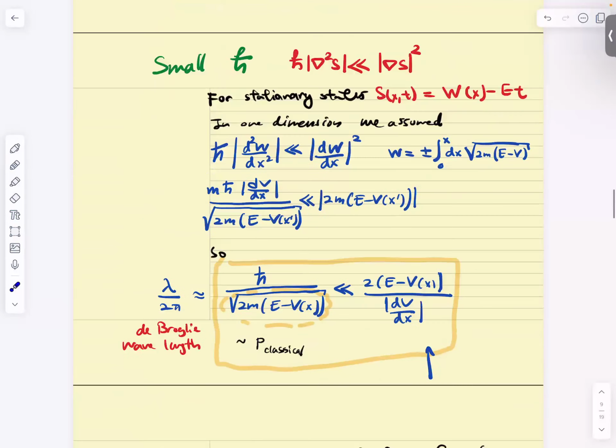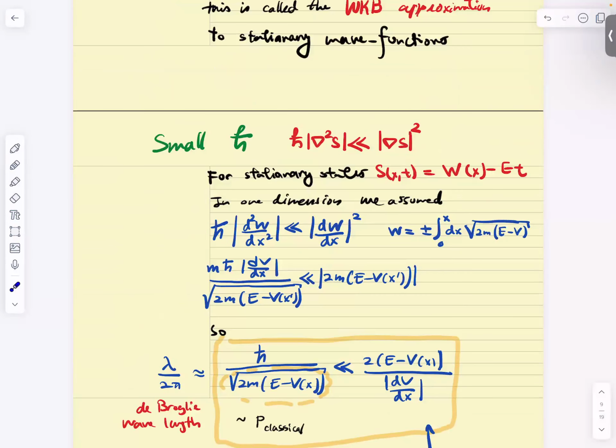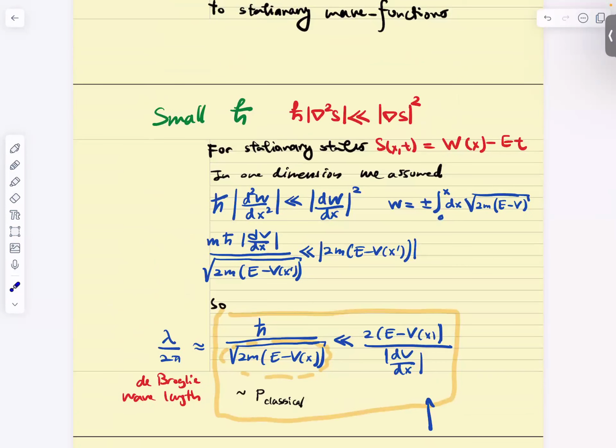But I also encourage you to think about it another way. This in physics comes up a lot. If you have a function v of x, I don't know if you guys see it, maybe I can write it here.